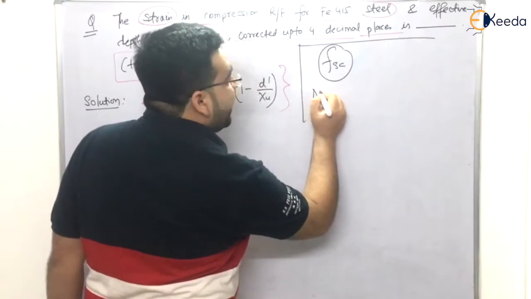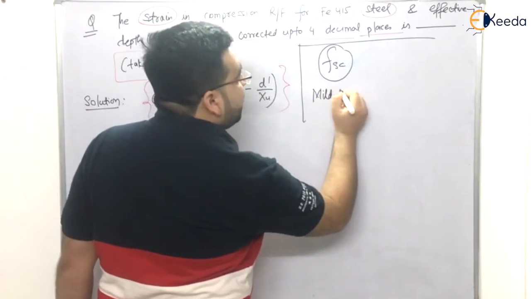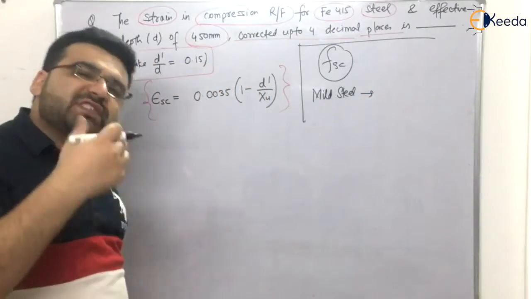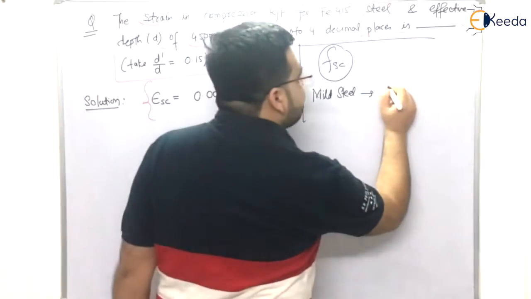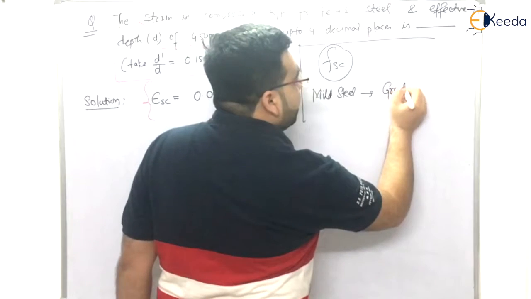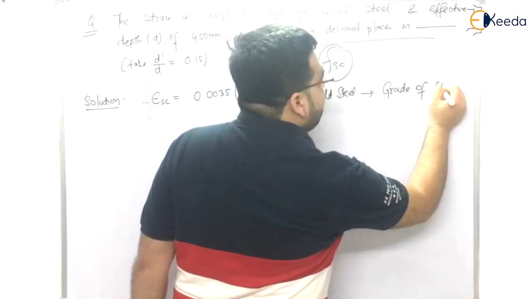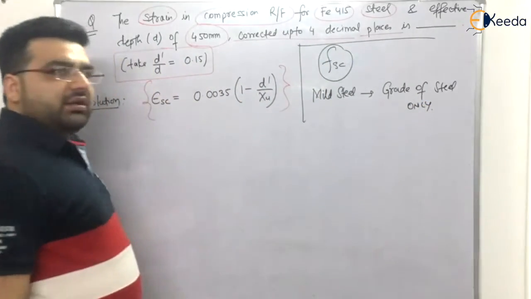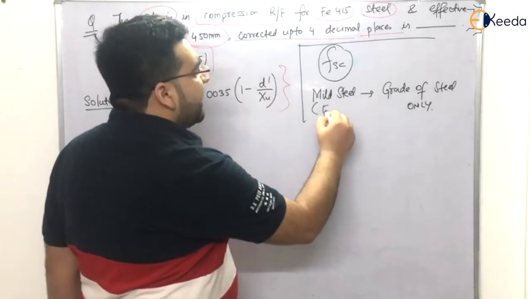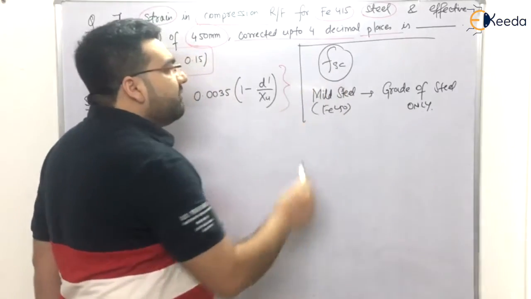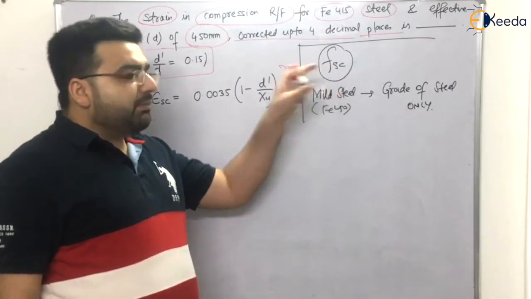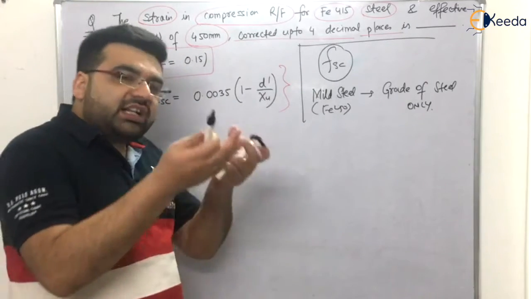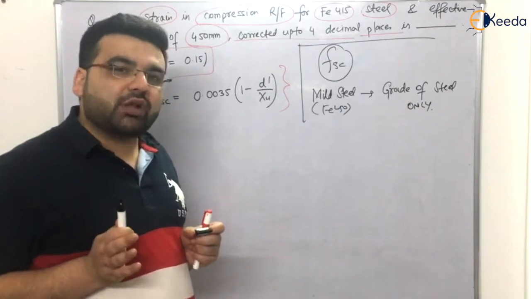The stress in compression steel, if it is a mild steel, depends upon the grade of steel only. Simple. It means that if it is Fe250, then the value of stress in compression steel depends on the grade of steel only. A table will be given to you, so no need to worry about that.